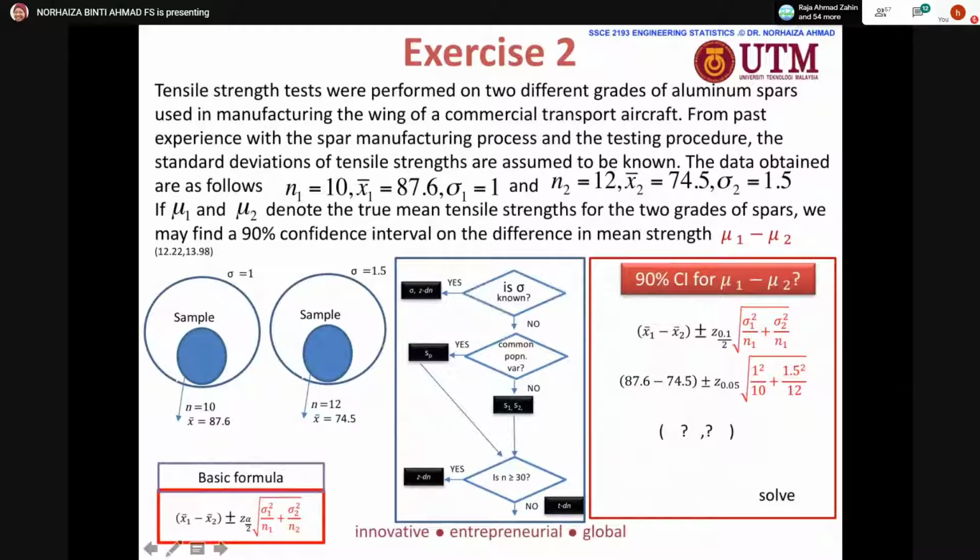So when you do a confidence interval type of question, I would like you to write down the formula first and then plug in the values. Just in case you got the formula right, at least you will get a point for marks there. Okay, and then plug in the values and solve.